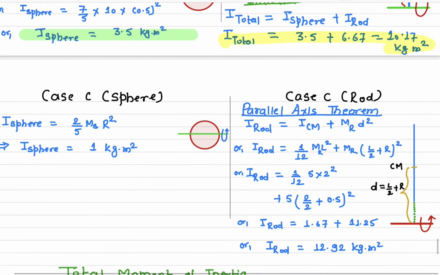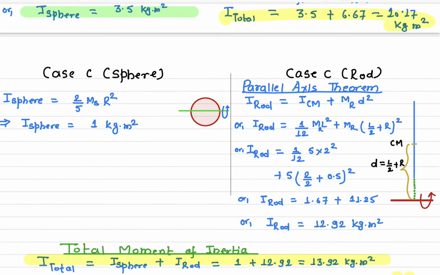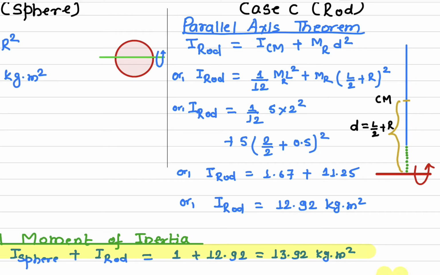Now let's calculate the moment of inertia for the rod about the center of mass of the sphere. In this case, we're going to use the parallel axis theorem, which tells you the moment of inertia through the center of mass plus m_r d squared.